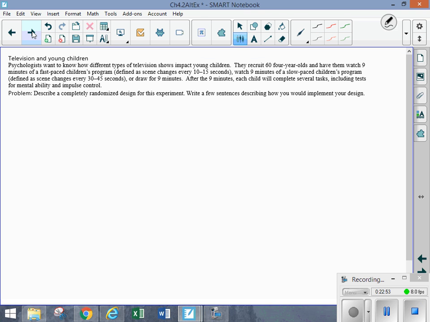And so I jumped the gun because we're going to design a completely randomized design for this experiment. We're going to write a few sentences, but instead of writing sentences, I really like the flow chart. So how do these different types of television shows impact young children? We're going to recruit 60 40-year-olds.